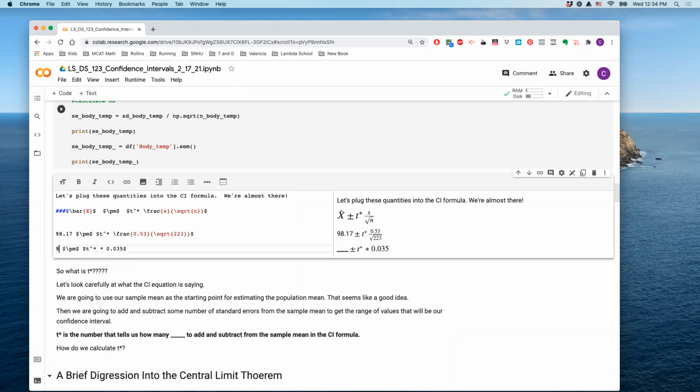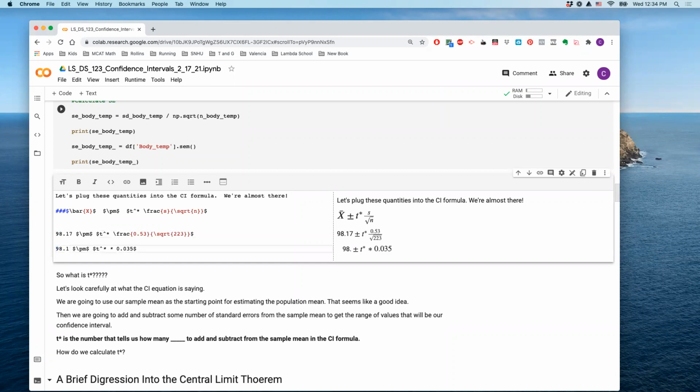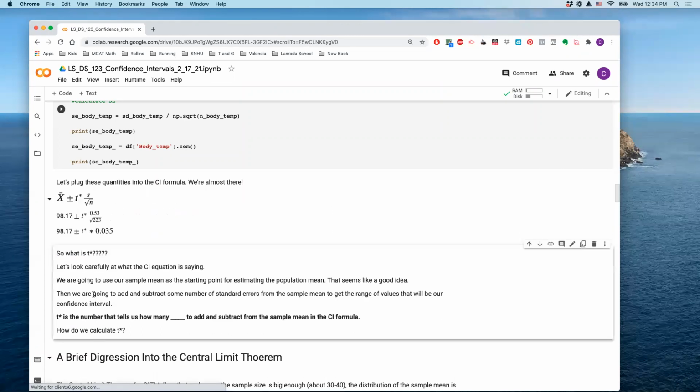And then if we actually calculate the standard error, which we did, we get 98.17 plus and minus t star times the standard error.